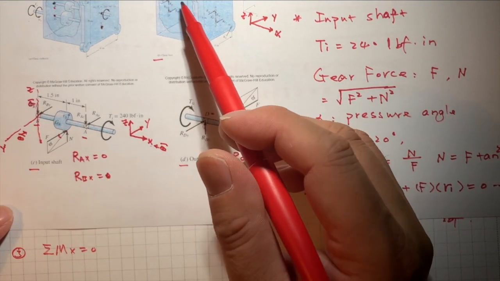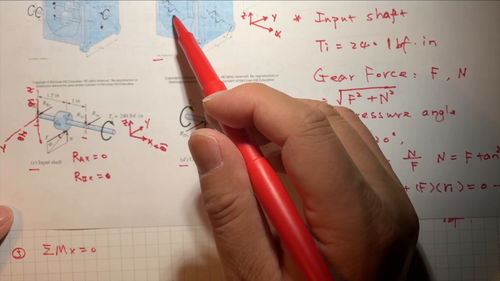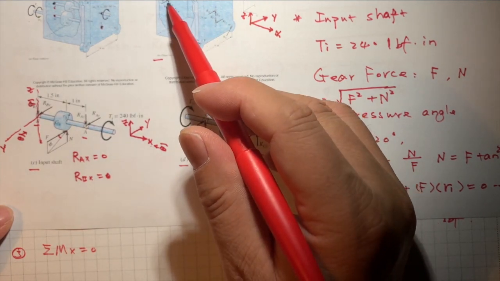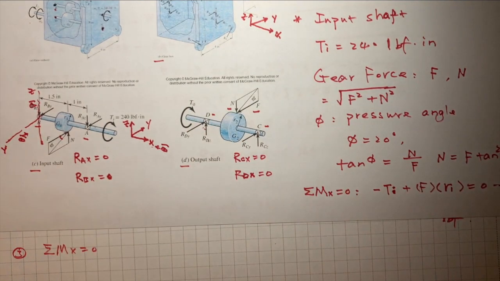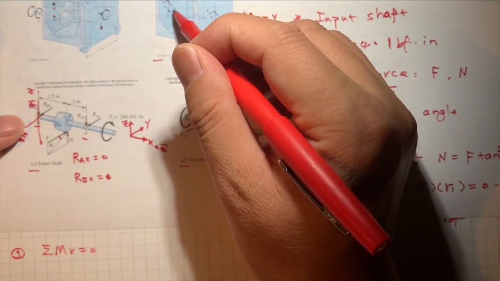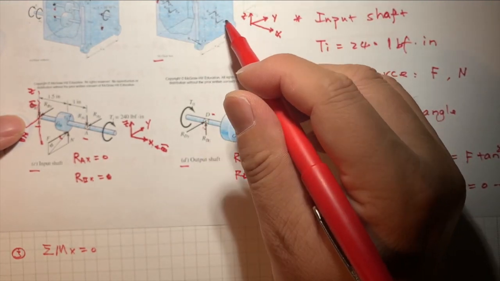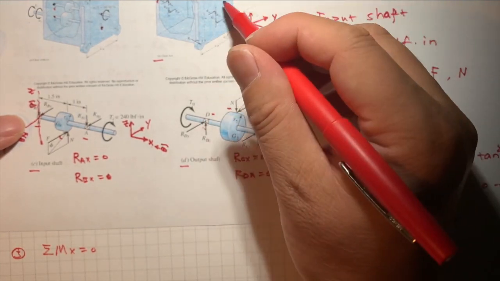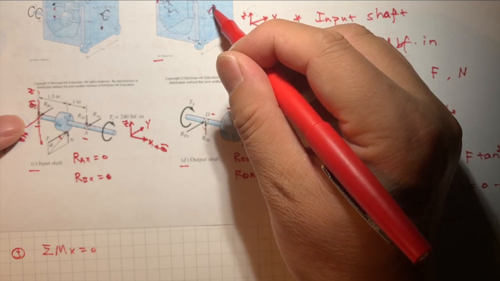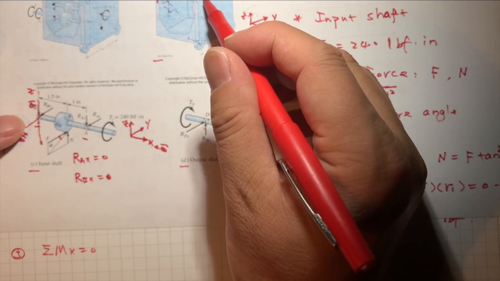Because these moments, for example, this force, they form the force couple, and this force, they form the force couple. Right? So the force couple is going to produce the moments. So this goes this way, this goes this way, therefore we'll produce moments that way. All right. Similar here, this goes this way, this goes the other way, you're going to produce a moment going that way. And in order to balance that, we have to have the force.